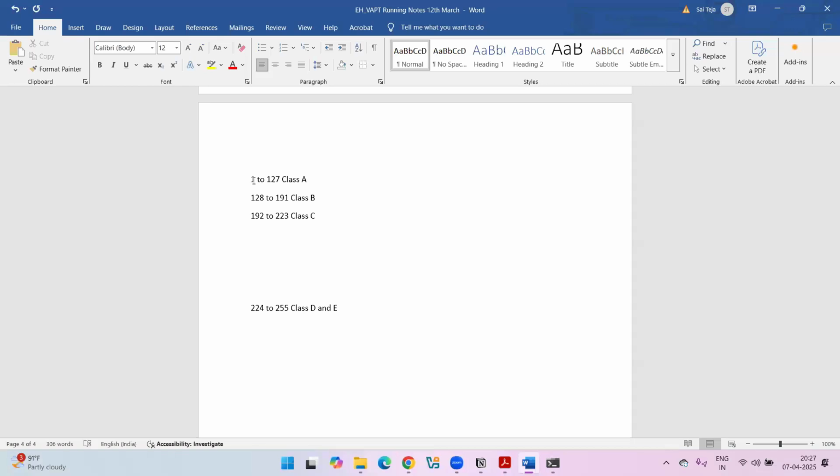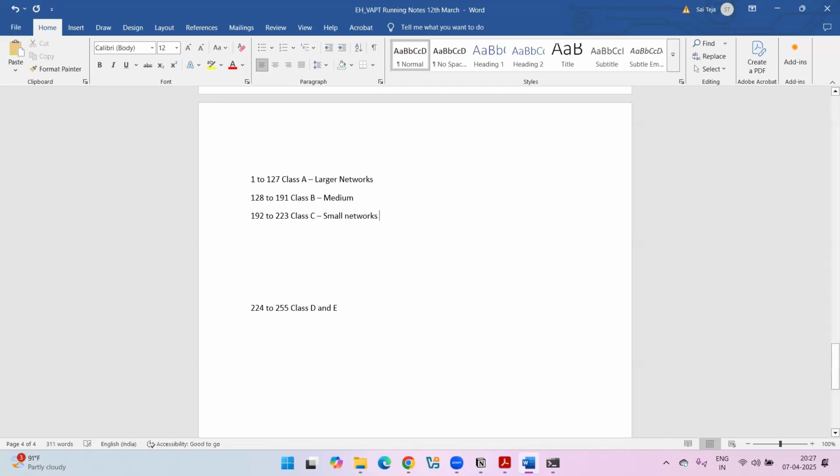If you go to a very big company like Microsoft, they need lakhs of IP addresses, with so many devices. They need a big network. So class A is used for creating larger networks, class B is for medium-sized networks, and class C is for small networks.